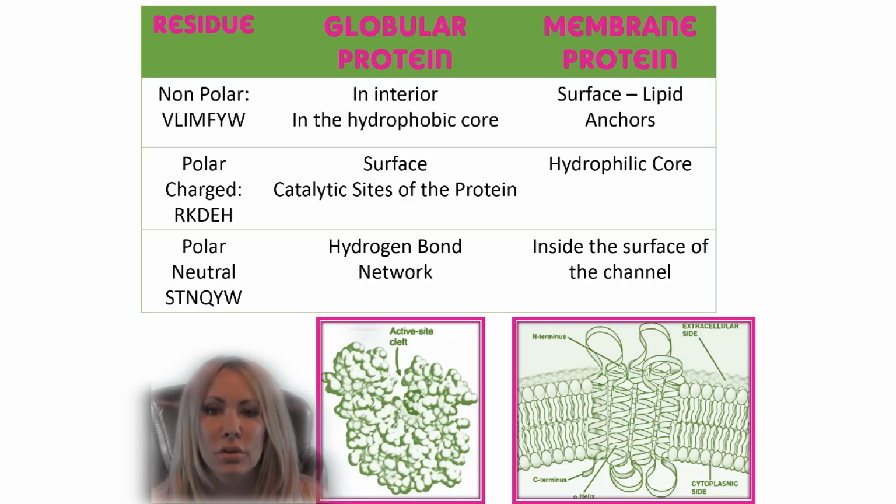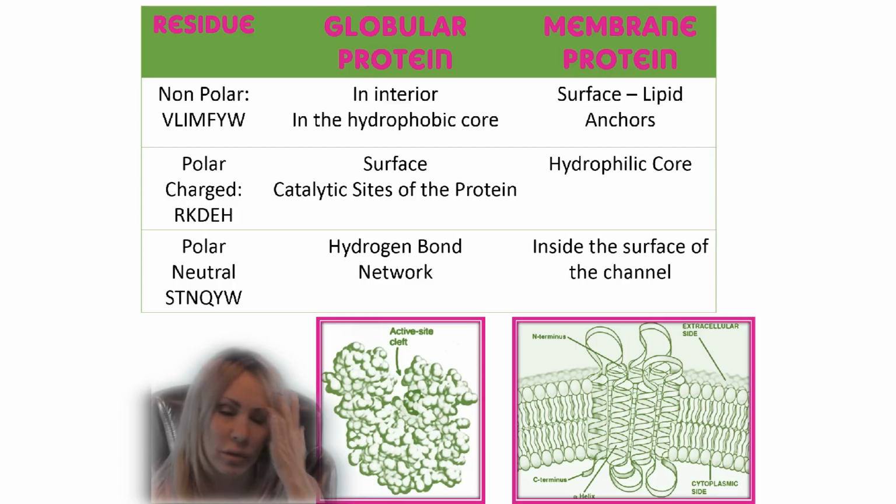Now, in any given protein, the polar side chains are going to be interfacing with the water, the aqueous environment, so you're going to find those on the outside of a globular protein. If we have a transmembrane protein, that's going to be a little different, because where would the polar amino acids be with the protein embedded in the membrane? We've got to think, what is it embedded in?